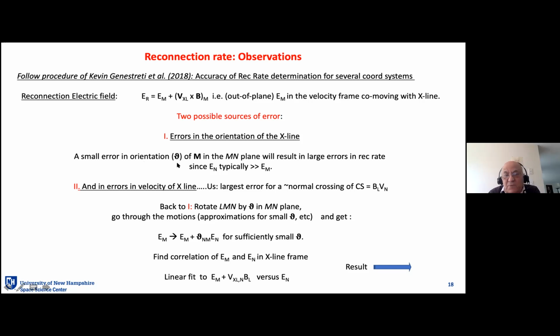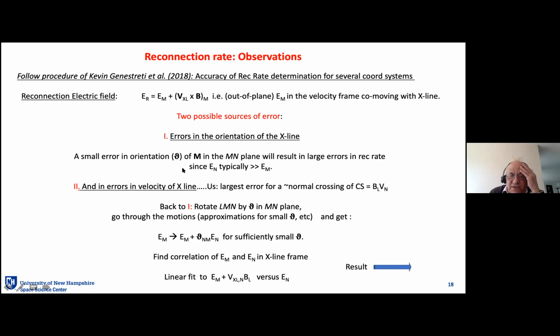A small rotation error theta in the orientation will result in large errors in the reconnection rate, unfortunately, because EN, which will contribute to these, is a major contributor and is typically much larger than EM. And the second source of error is the velocity of the X line. For us, the largest error, because we have a normal crossing, remember, is BL times VN.